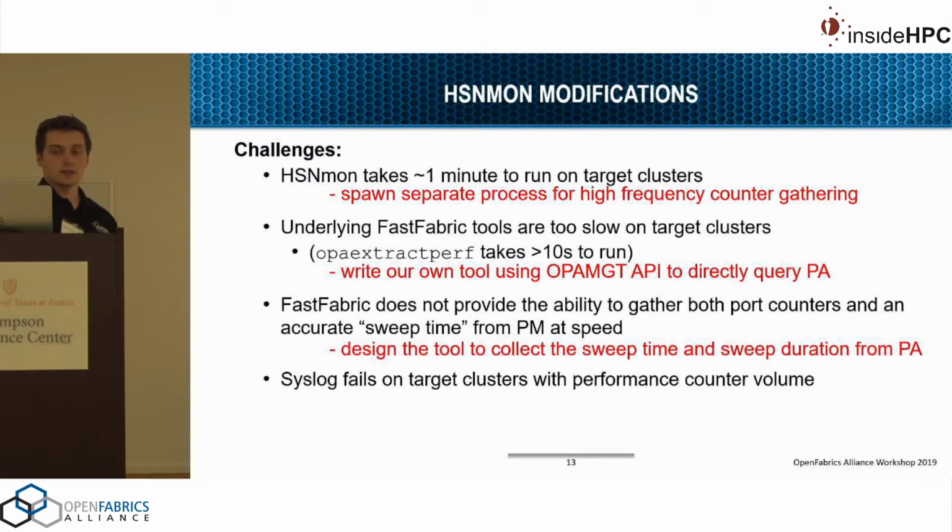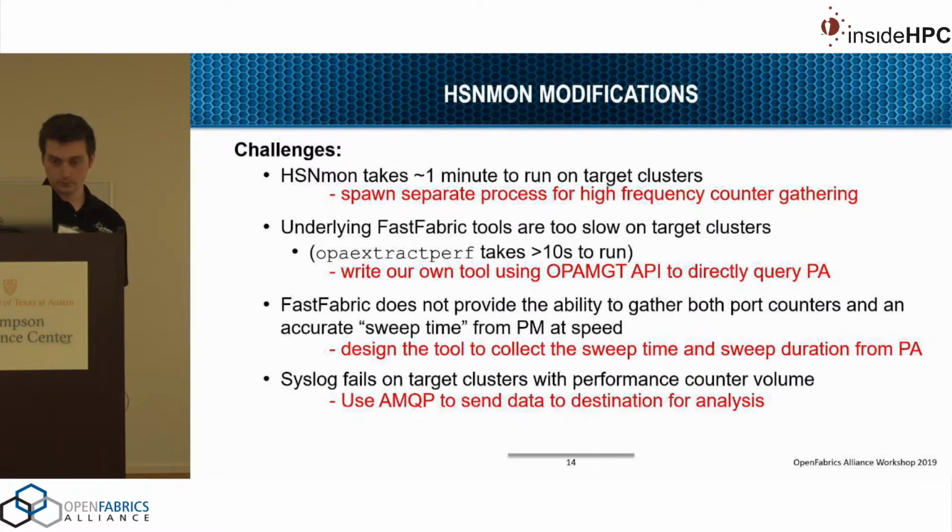This also allowed us to, at the same time, get the sweep time and sweep duration so that we could have accurate timestamps when we were making calculations. In order to overcome the syslog issues that we ran into, we started using AMQP, and we have a RabbitMQ server and a data analytics cluster specifically for analyzing the data that we get out of this.